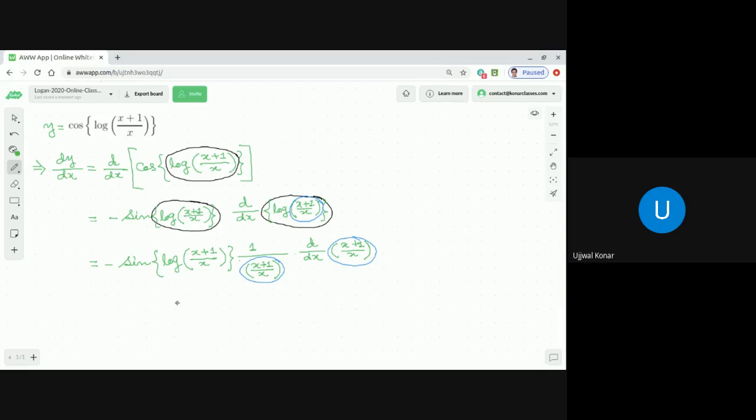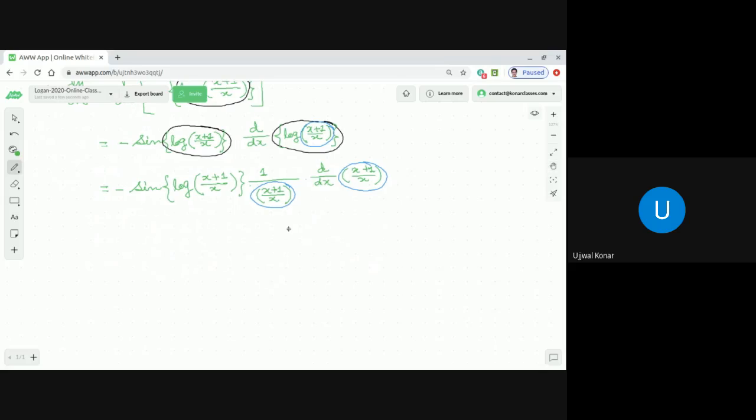So now let's come here. What we get is that this is equal to 1 by (x plus 1 by x), which is nothing but x by x plus 1.